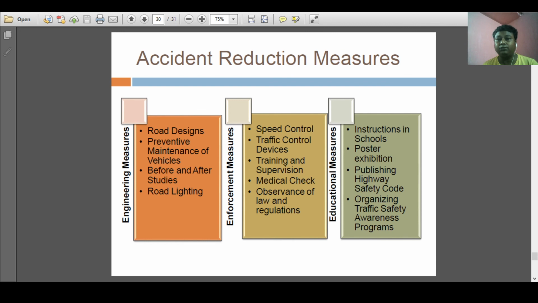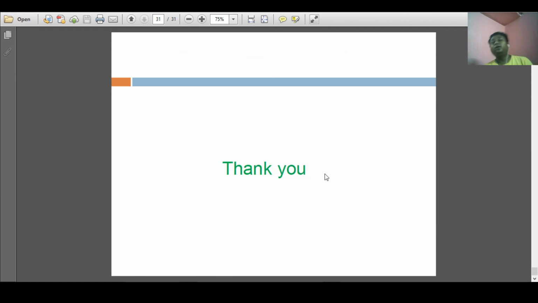Enforcement means speed control, traffic control, medical checks, and observance. Educational means you have to educate the road users regarding the rules and regulations of the road. For that there is instruction in schools, poster exhibitions, publishing a highway safety code, and organizing traffic awareness.